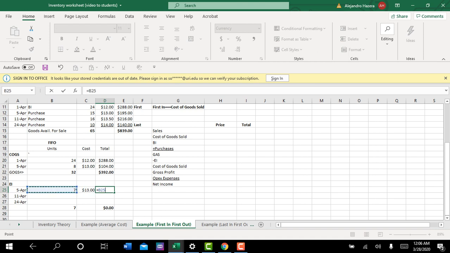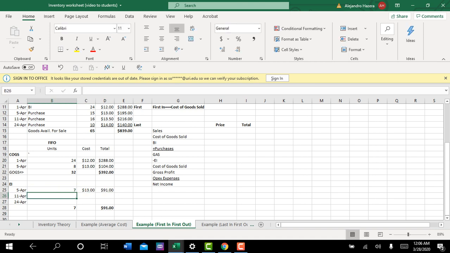So we're assuming that 7 units come out of there, and then the whole 16 are going to come out of there, because we don't have any. They're left, and then 10, because we probably counted 8 of these, all 16 of these, and 10 of those. Anything that has not been sold, we sold 24 from beginning inventory and 8 out of the April 5th purchase.